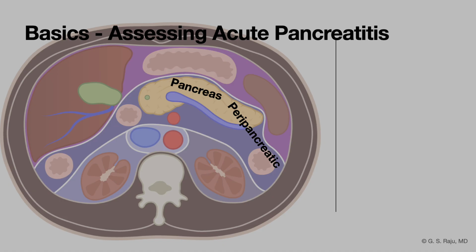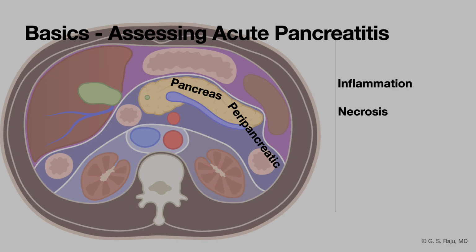And when it comes to the type of injury, it may be just inflammation and edema of the pancreas and peripancreatic tissue. And if it is severe with vascular compromise, the pancreas may develop necrosis. So, two main findings. Is there just inflammation and edema, or is there necrosis?